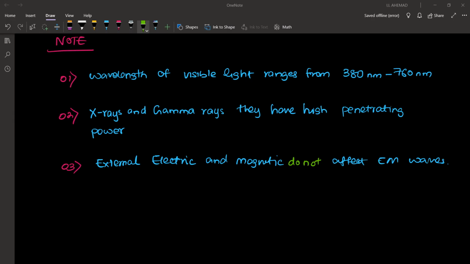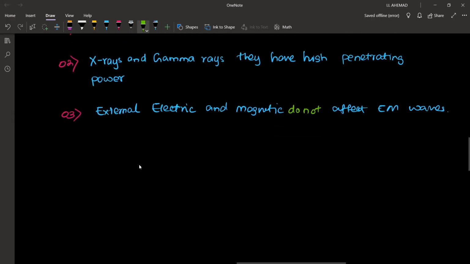So next subtopic, light. Now we are going to talk about visible light. Subtopic, light.